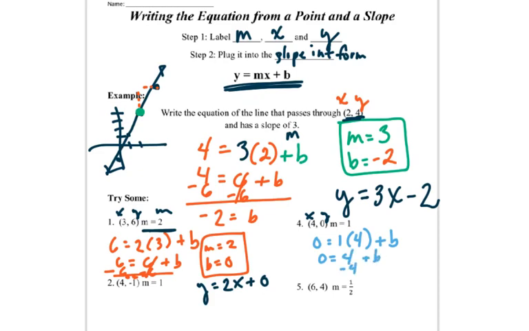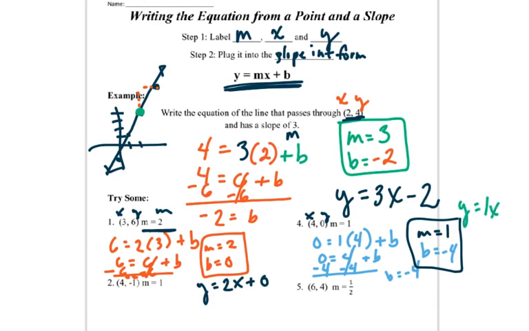Get your b by itself by subtracting this constant. So b is -4. Information box, my slope it had said was 1. My b I just found out is -4. We put it all together and my equation is y equals 1x minus 4. Very, very easy.